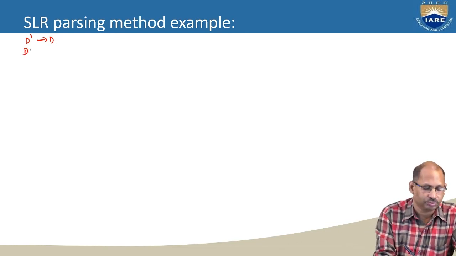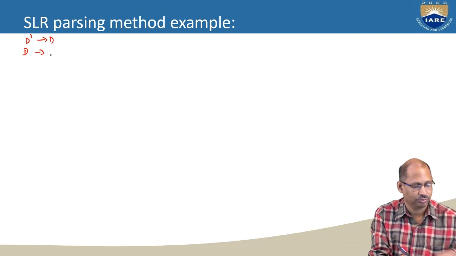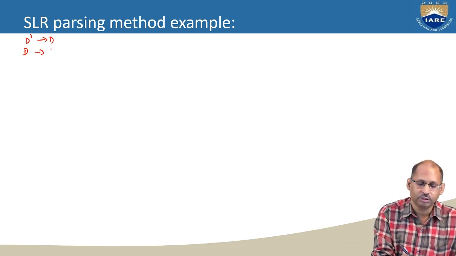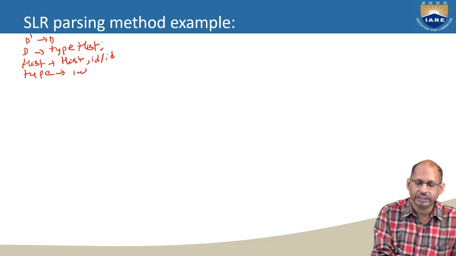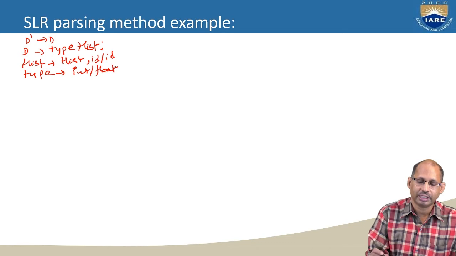D gives type T list semicolon, then T list gives T list comma ID, then type gives int slash float. That is the grammar.